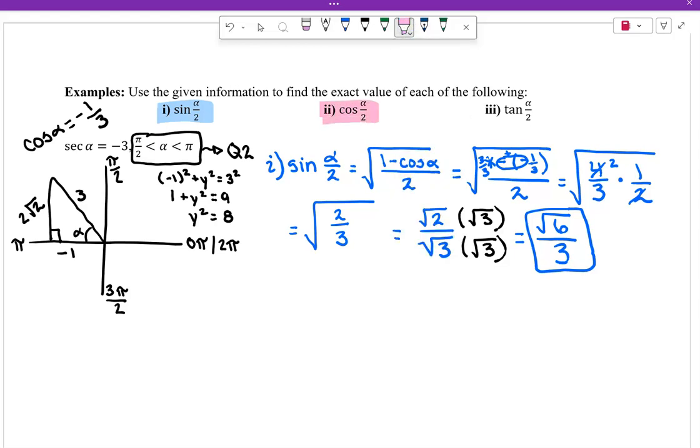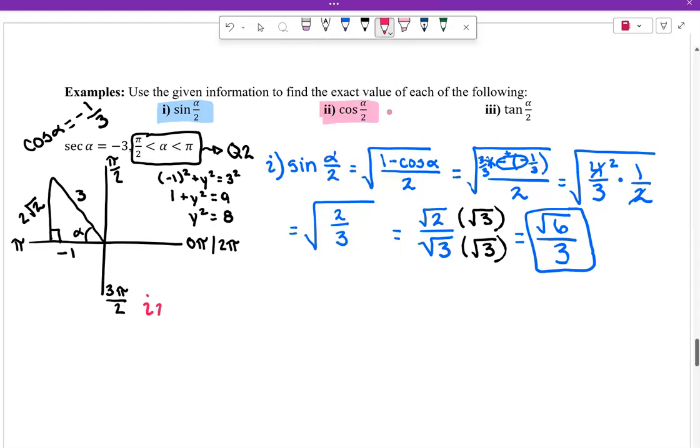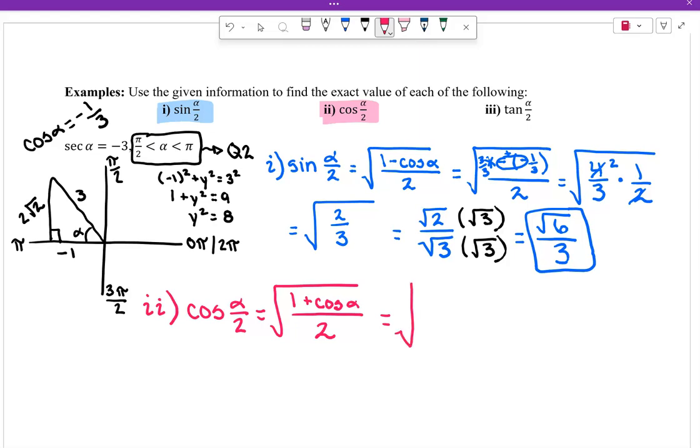Next, we're going to do cosine. So remember, cosine is pretty much the same exact thing, but instead of a minus, we have a positive. So we're going to have cosine of alpha divided by 2, square root of 1 plus cosine of alpha divided by 2, 1 plus negative 1/3 divided by 2.